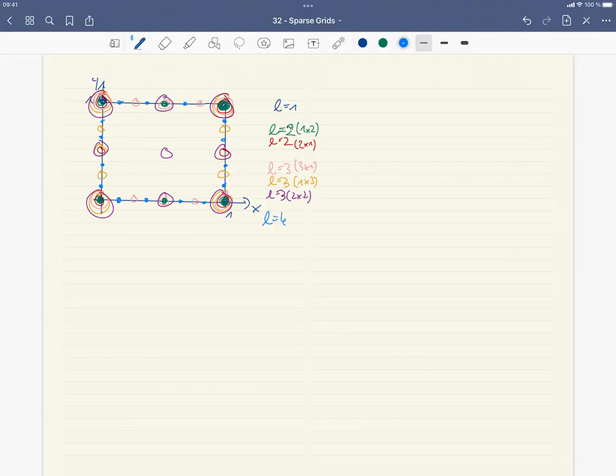And then we get 3 times 2. So which points are those on the x-axis? This one, this one, this one, this one, and this one. And 2 is this one here. So I get, in addition, this point here and this point here. I also get this in the opposite direction. And this is my sparse grid of level 4.